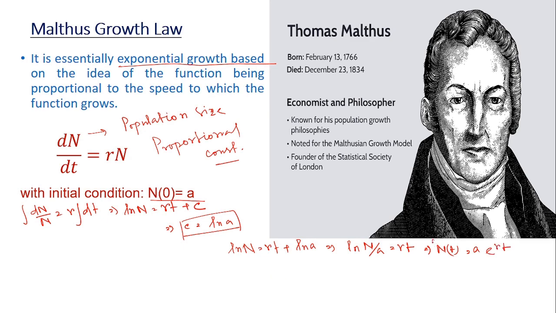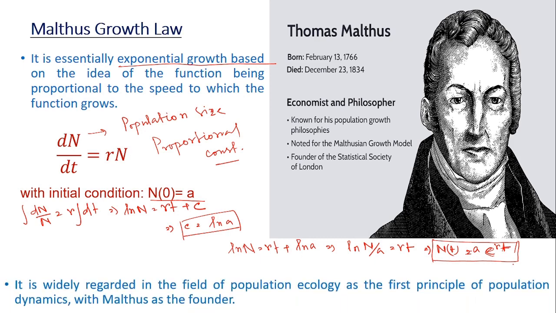So after time t, from the initial population size, the population size is N(t) equals a e^(rt), where t is in the exponent. Therefore this is the exponential growth model of population, also called the Malthusian growth model.